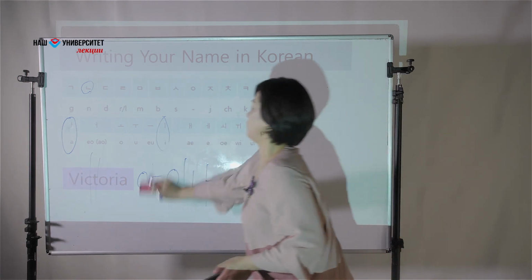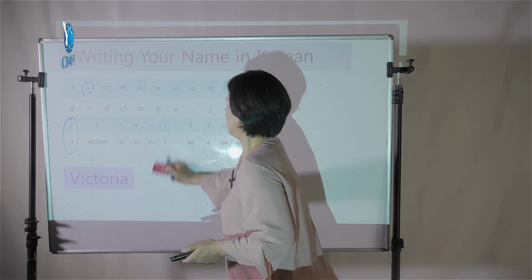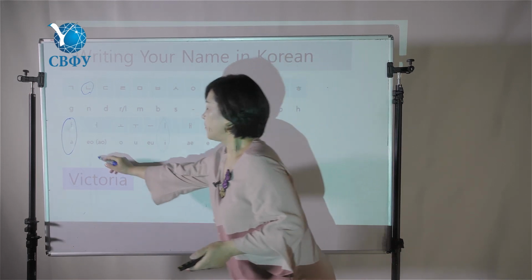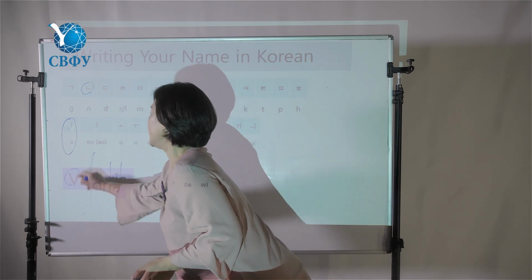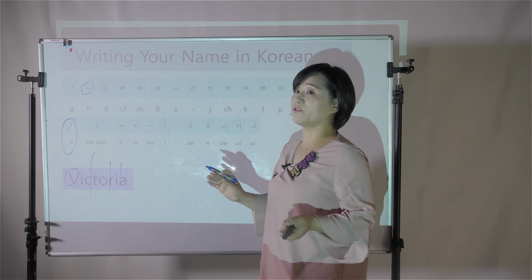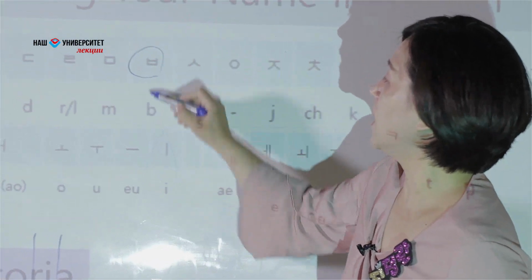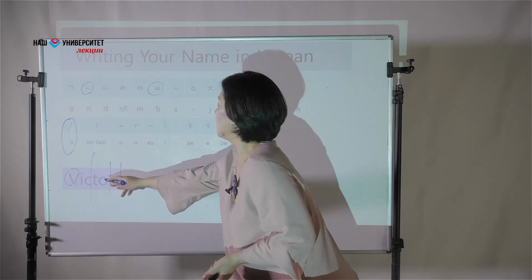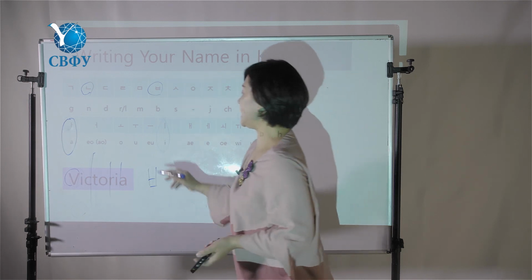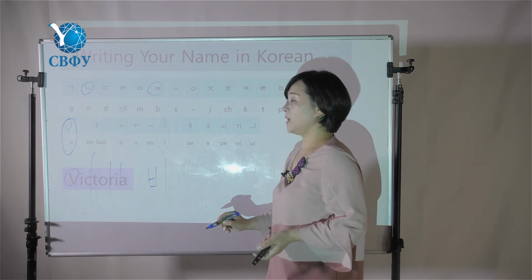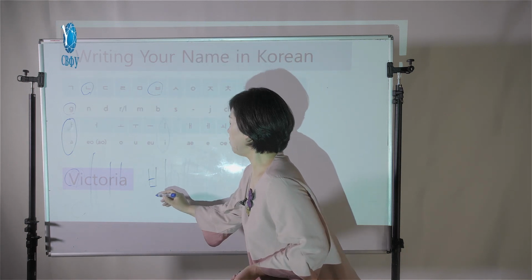Let's move to another name. Victoria. V sound: there is no V sound in Korean, so instead of V, we use the B sound. So Vic goes to consonant, E sound, B, and you need to add this sound at the bottom.